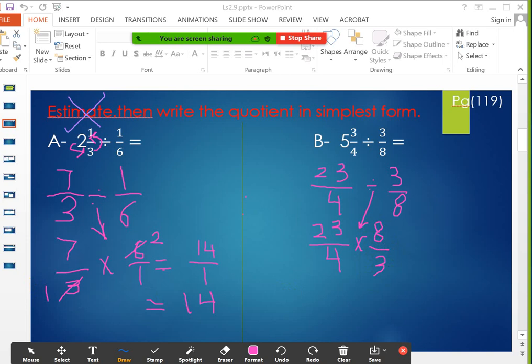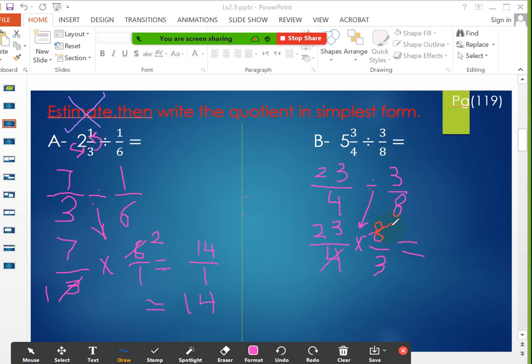Now let's continue with, yes, Jenna. Could you please help me to simplify the numbers before multiplying? Give me the greatest common factor. 8 and 4. The greatest common factor is 4, and the answer is 2.